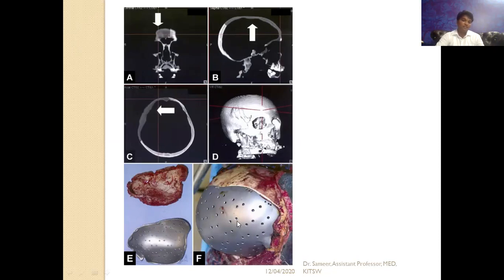Then the scalp tissues were covered again, then sutured, and the patient had his missing cranial part of the skull restored.